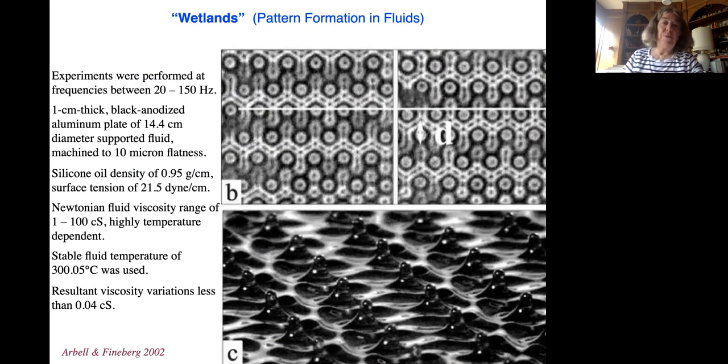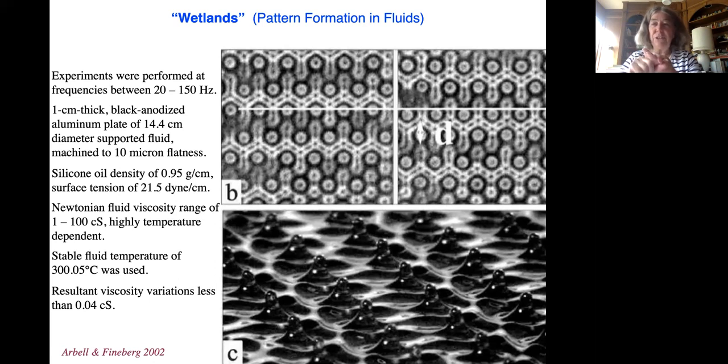The experiment reports they have these fluids sitting on this aluminum plate and they know exactly its diameter and it's machined to be incredibly flat. They know the density of the fluid, they know the surface tension, they're quoting those to 2 or 3 significant digits.